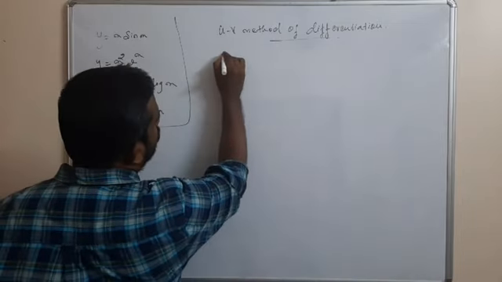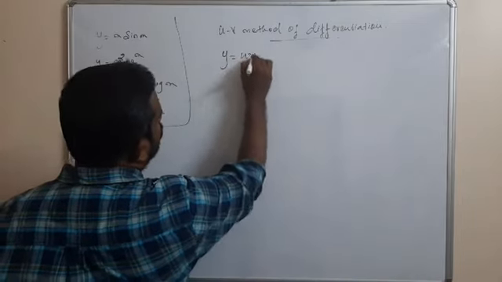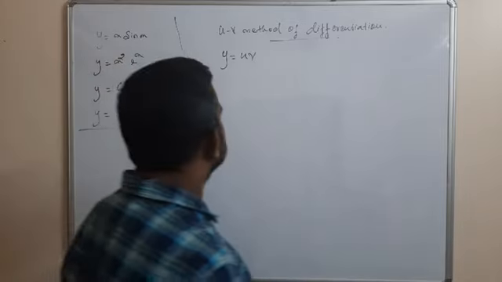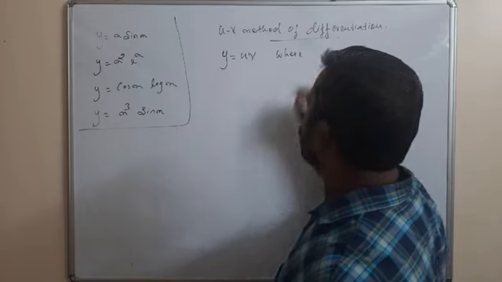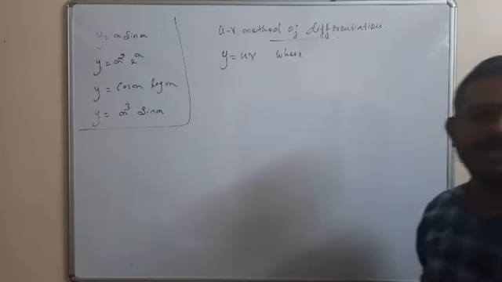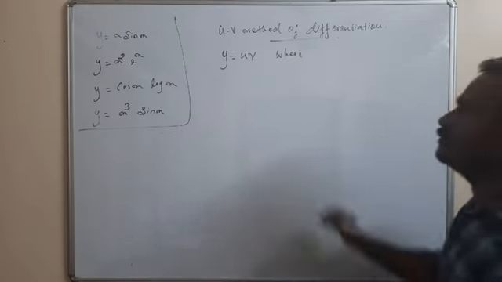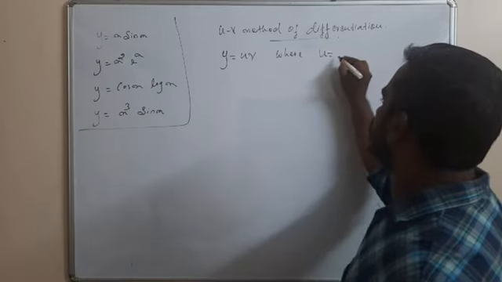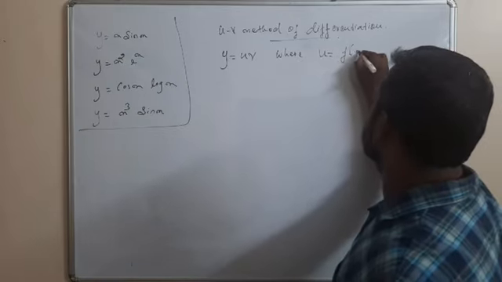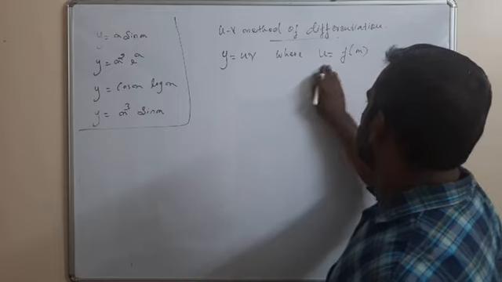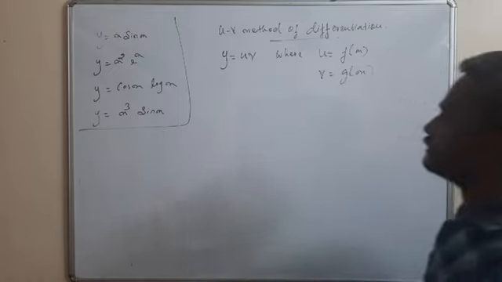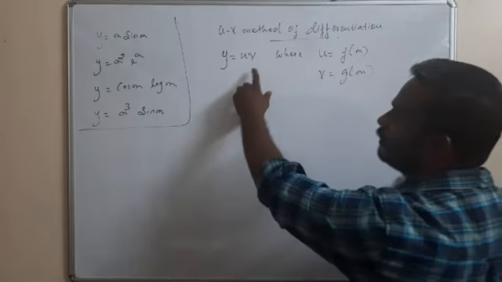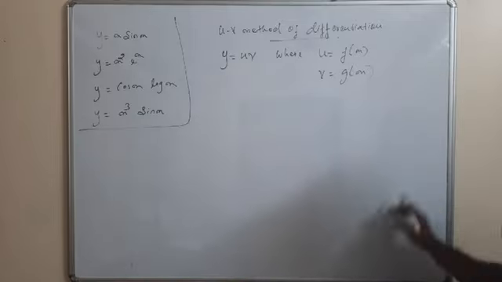Suppose y is equal to UV, where u and v are the two functions in x. We can take u is equal to f of x and v is equal to another function in x, that is g of x. So y is the product of two functions.